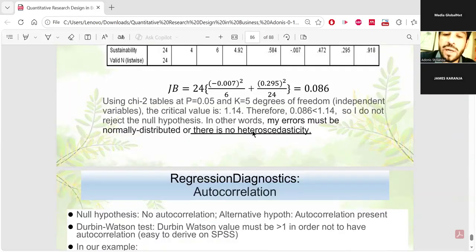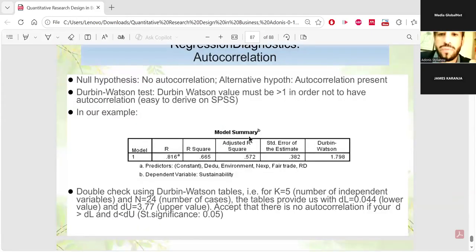And in a similar fashion, you are considering the Durbin-Watson test for autocorrelation. We don't want our dependent variable to have dependencies on the past or previous years, right? So what we need to do is to verify this. We are using the Durbin-Watson test. Again, in the same fashion, we are formulating the null hypothesis and the alternative hypothesis.